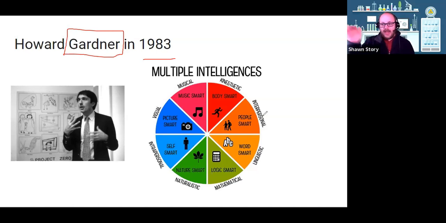And he proposed that there are 8 different fields of intelligence, and people can be intelligent in various different fields, right? So if we look at music, people can have really strong musical skills. There are those people that can sit down and it's almost as if they can just pick up an instrument and learn to play it. There are those people that can play 4 or 5 instruments, right?